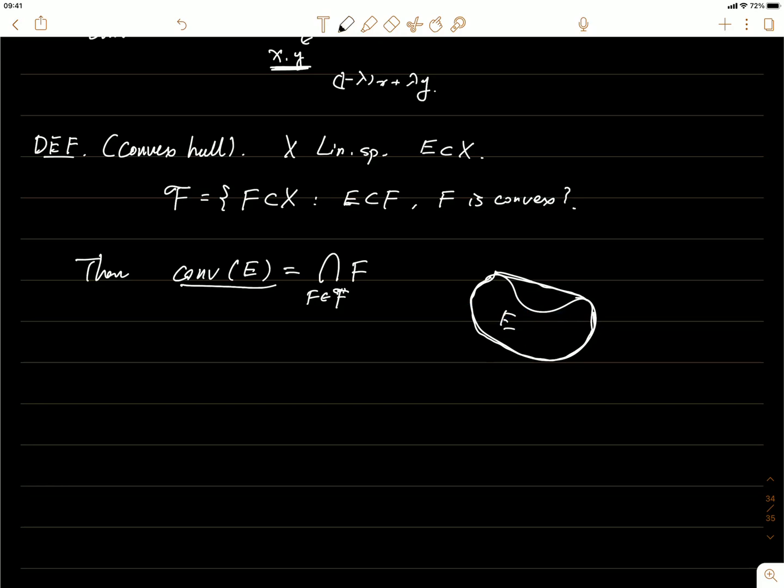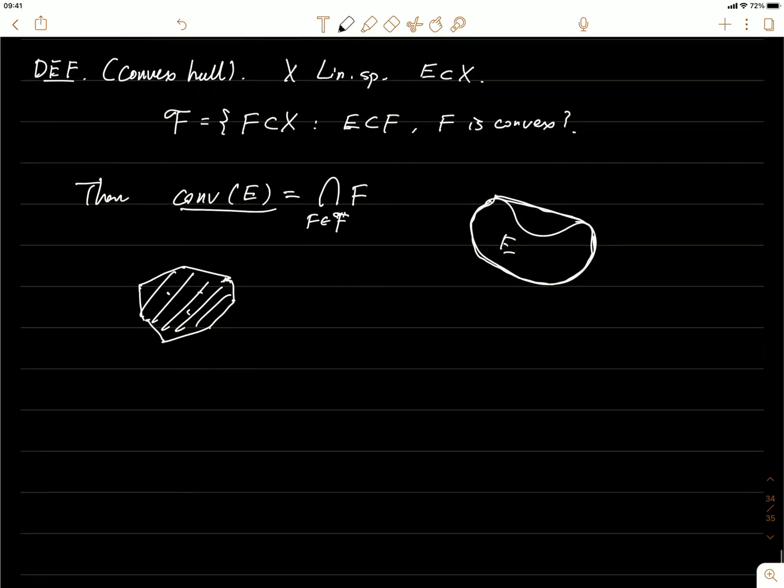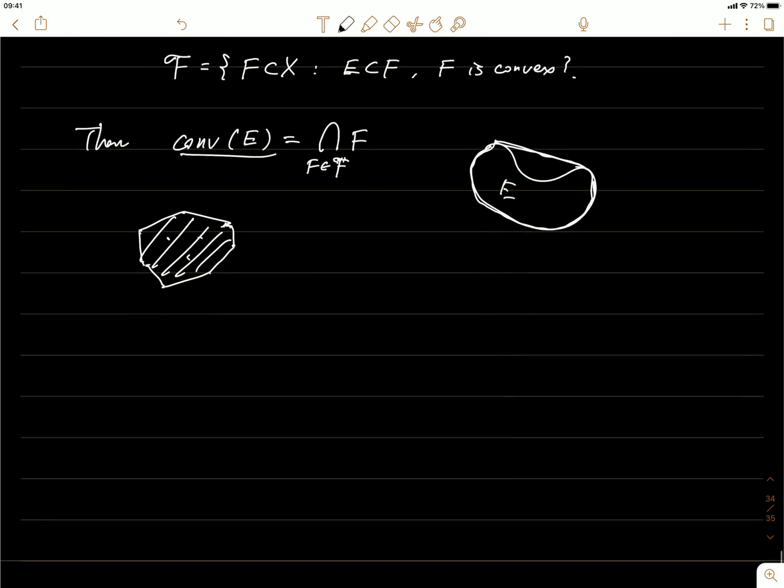Or if your E is just a bunch of points like this, then the convex hull will be just this. Sometimes the convex hull is also called the convex envelope. It's just the smallest convex set that can include the set E. That's the convex hull.